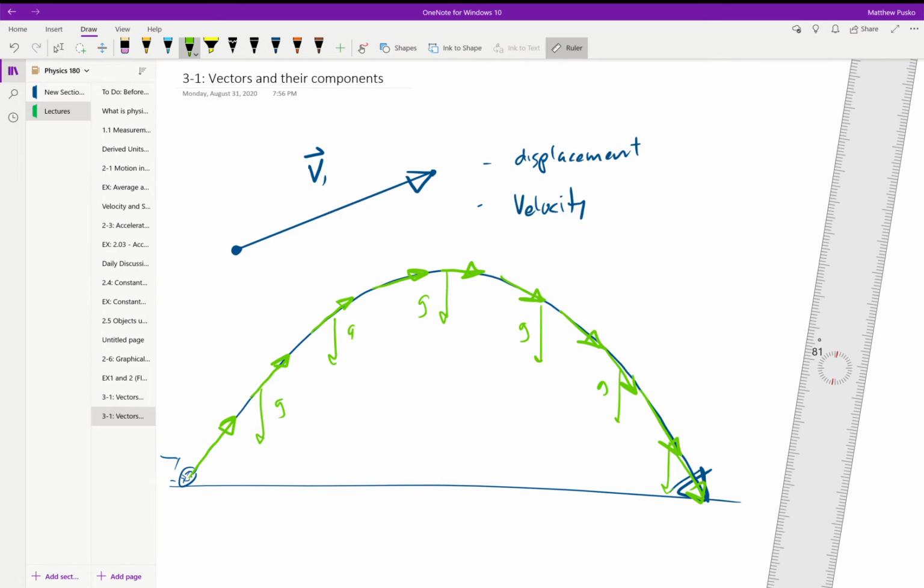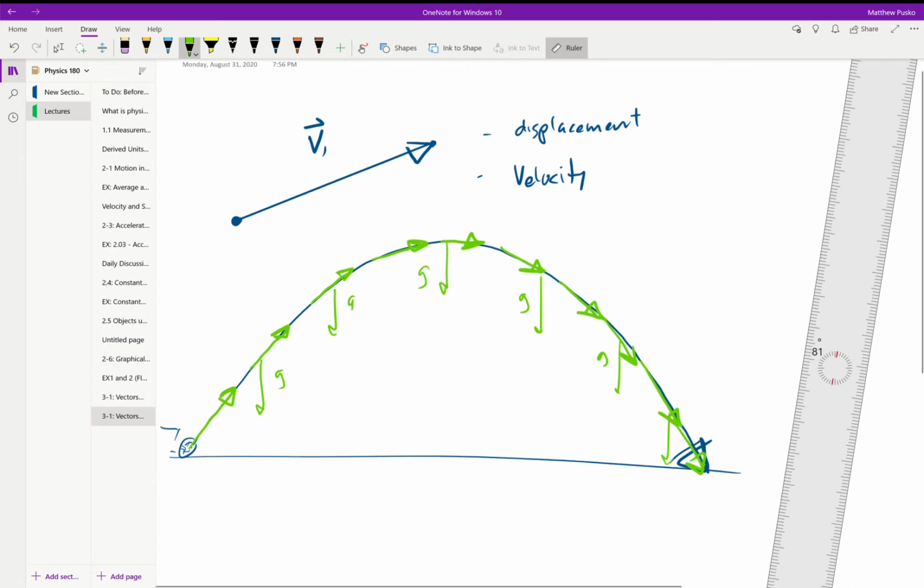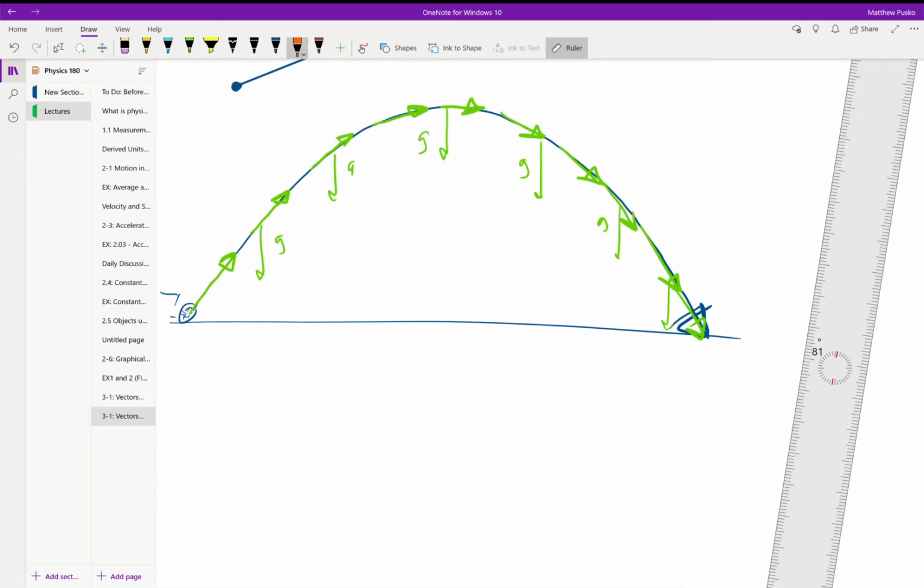Alright, we need to be able to break up its initial velocity. We call it V naught, and V naught is interchangeable with V initial or V1, whatever you want to call the beginning point.